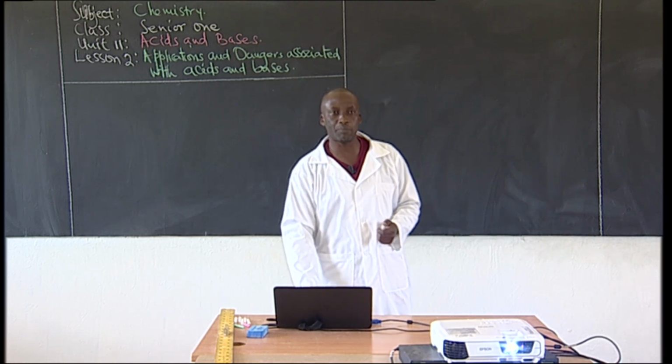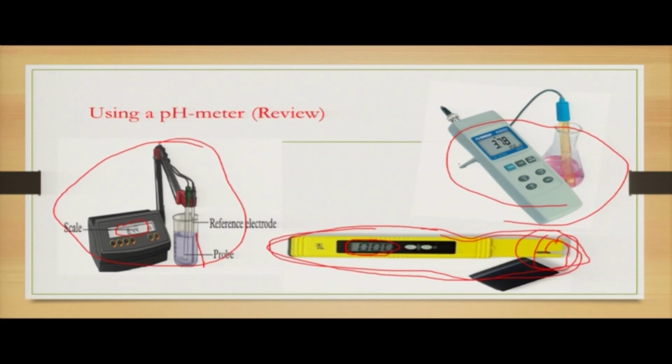So we have other meters on the screen. You see we have this one. When you look at the screen of this meter, you'll see it is measuring 3.78. That means the solution in the flask over here is acidic. Then we have another type, where you have the solution with this reference electrode and the probe inserted into the solution, and the information is read on the screen.